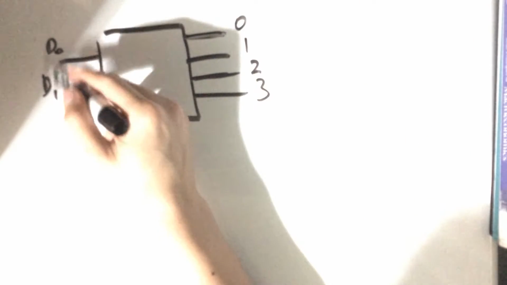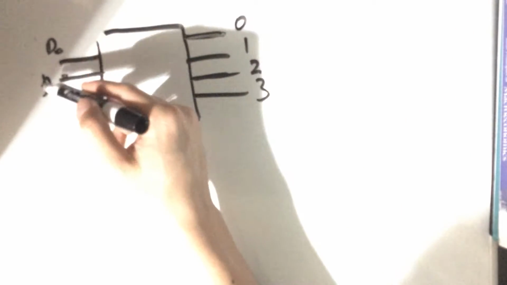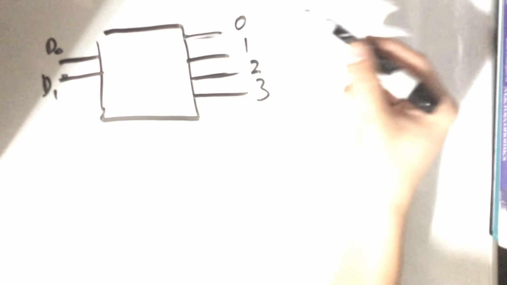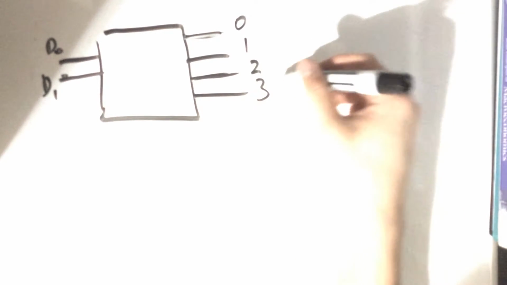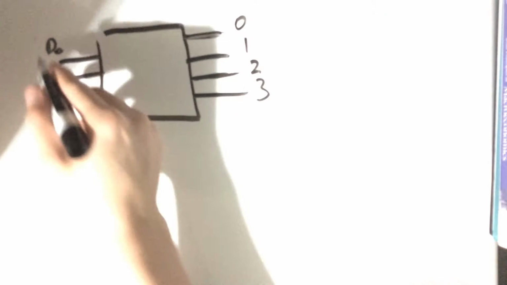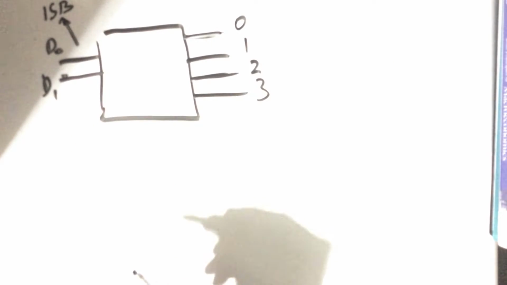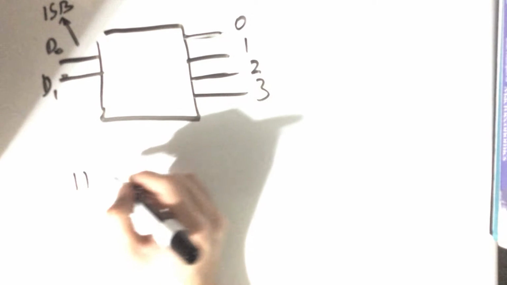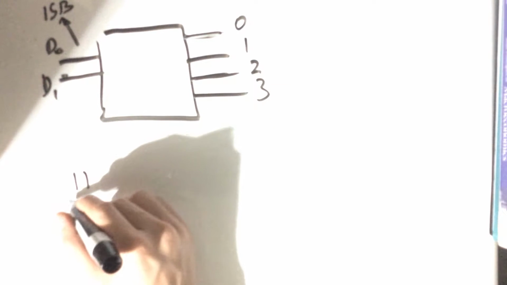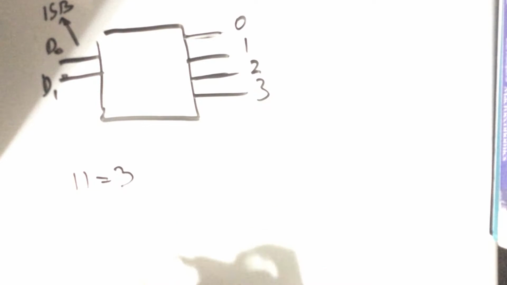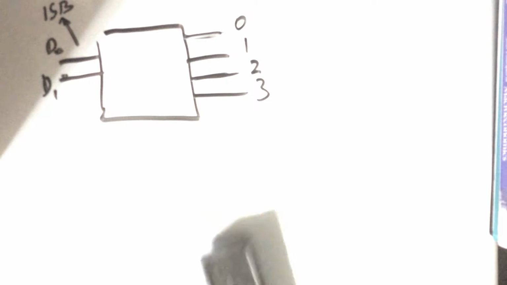If these were set to 1, 1, we would want the value of 3 to be set, because 1, 1, with this being the least significant bit, equates to the value of 3 in decimal notation. That is what a decoder is used for, and I'm going to go ahead and draw a truth table for that.